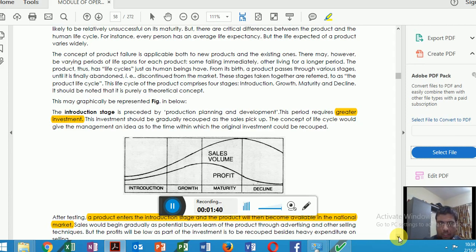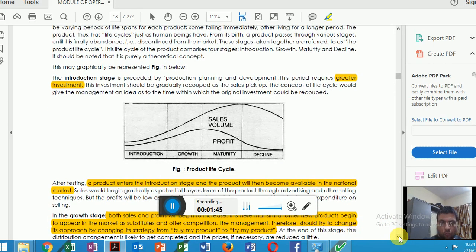If you see this diagram given in the study material, four different stages are given for the life of the product. The four different stages are introduction, growth, maturity and decline.